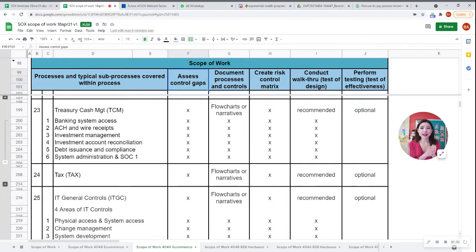And the next one is recommended, although not required: to do a walkthrough. A walkthrough is a show and tell. It's a way that you can do what's called test of design. It's assessing if the control is designed to really mitigate the risk or address the risk that you're looking for.